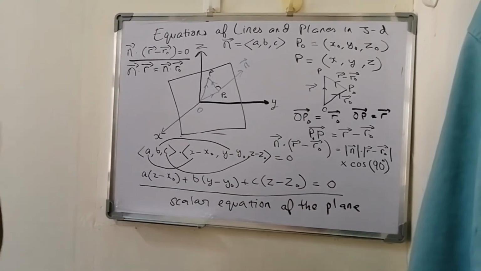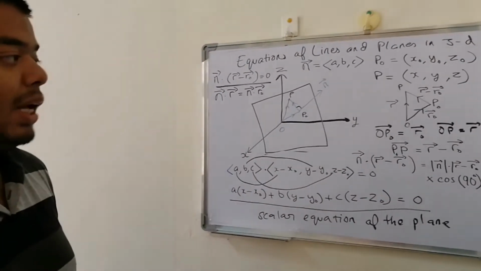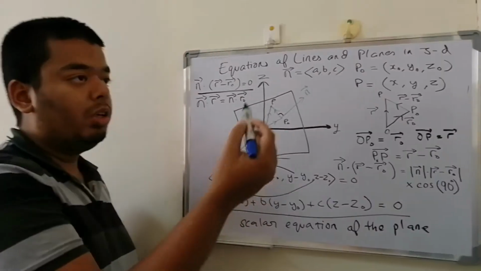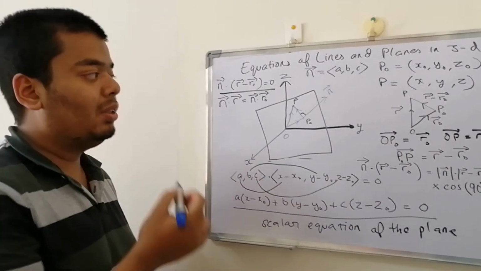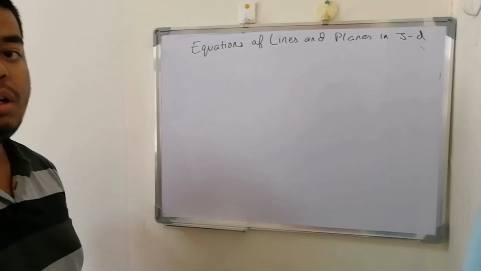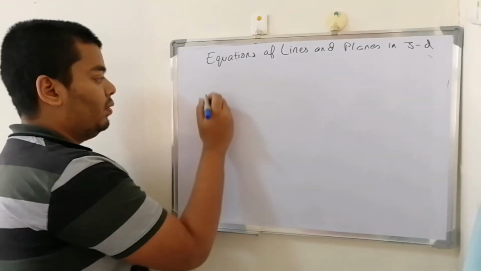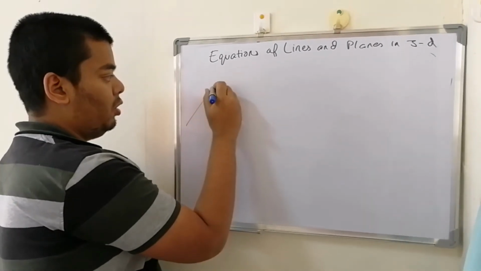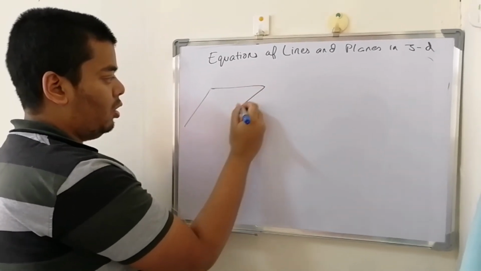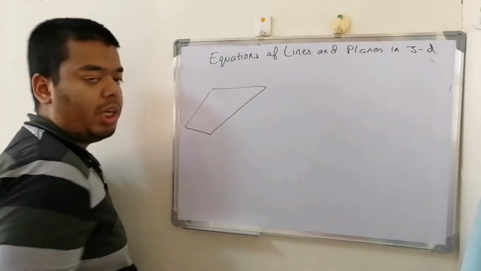Now there is one more thing I need to mention. If you're given a point and you have to find the distance of that point from a particular plane. So let's say we have a plane, a random plane, it can be any plane, we don't care.